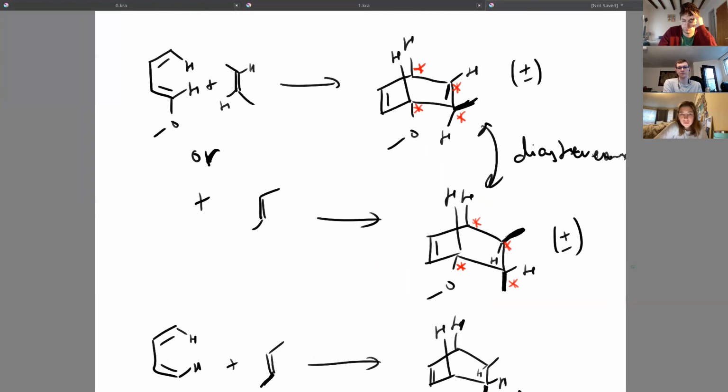So that's what makes them diastereomers. But if all of those stereocenters were to change, that's why you're saying doing R and S, then we would say enantiomers. Yeah. So just always remember that two things will only be enantiomers if every R and S is flipped between them.